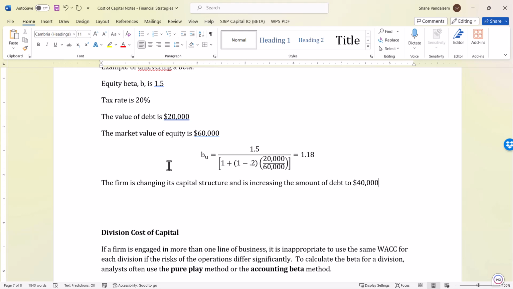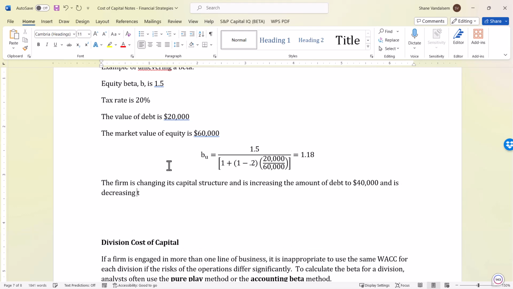So it's going to reduce the market value of its equity to 40,000. So that's actually going to give us that weight of debt to weight of equity. This value here is going from 1/3, 20,000 divided by 60,000, to 40,000 divided by 40,000, or 1. So a fairly large increase in that ratio.